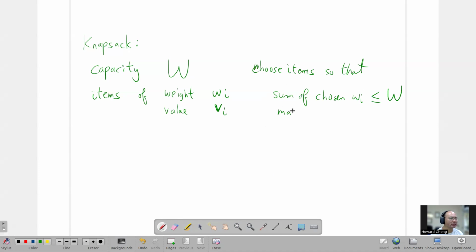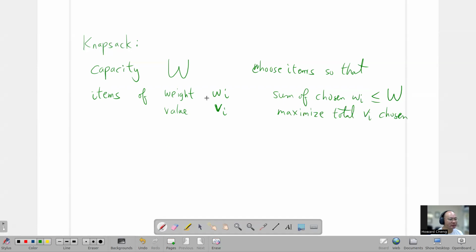And you want to maximize the total VI chosen. So if you have a backpack or a knapsack, you have a bunch of things you want to bring, you can only bring what you can carry. But out of all the things that you can carry, you want to maximize the values of the things that you took.